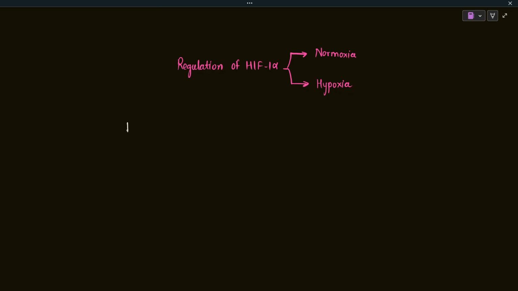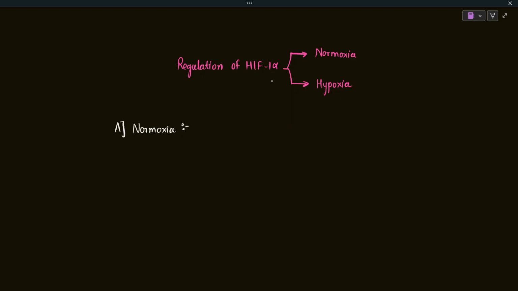So under normal conditions, this HIF-1 alpha, this is hypoxia inducible factor. It is going to activate the genes which are important for tissue survival under hypoxic conditions, and that is why the name is hypoxia inducible factor.